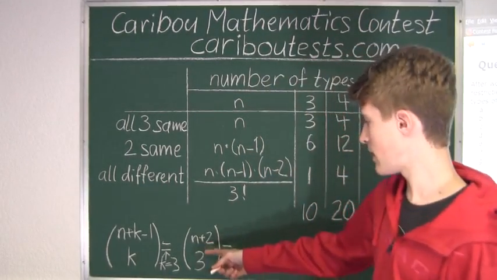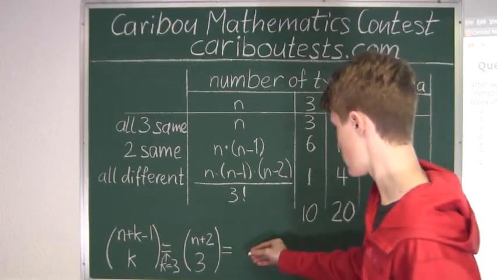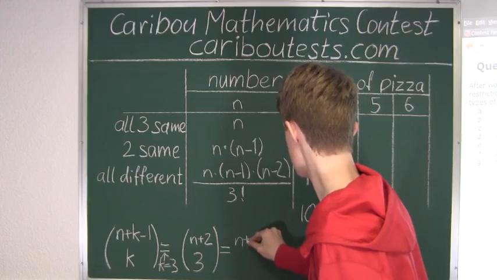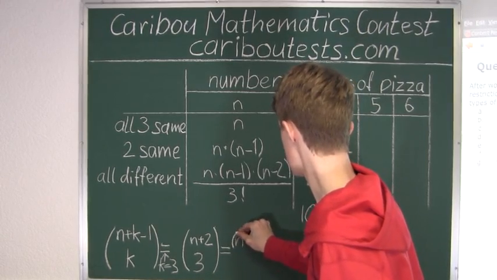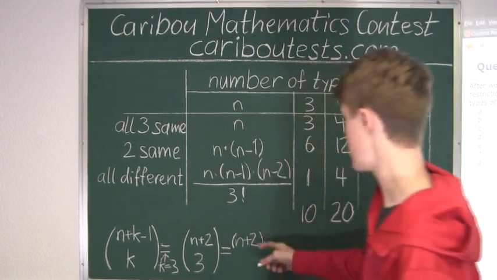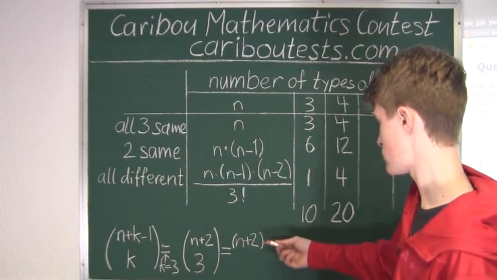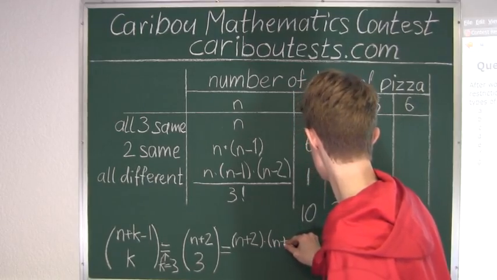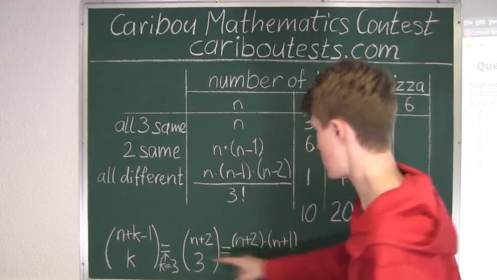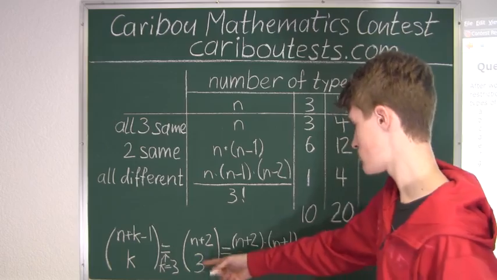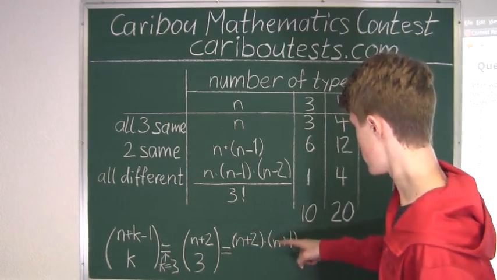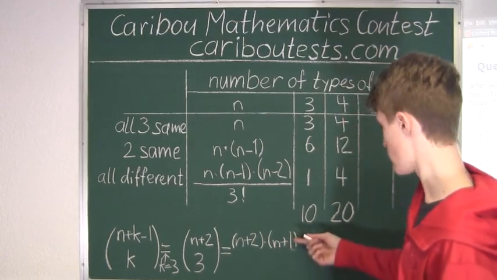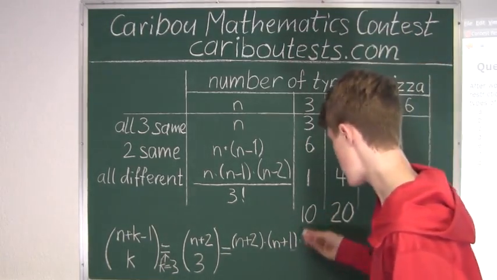Now, to write this, we would do n plus 2 times the number one less than this, which is n plus 1. We would do this 3 times: 1, 2, and then one more time, n plus 1 less than 1 is n plus 0, which is just n.